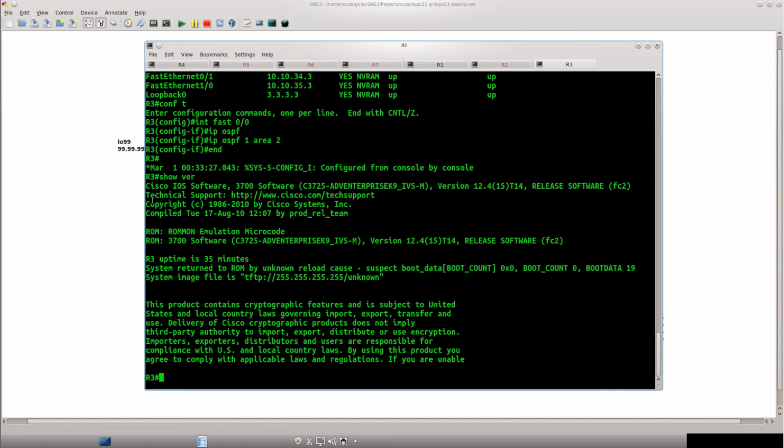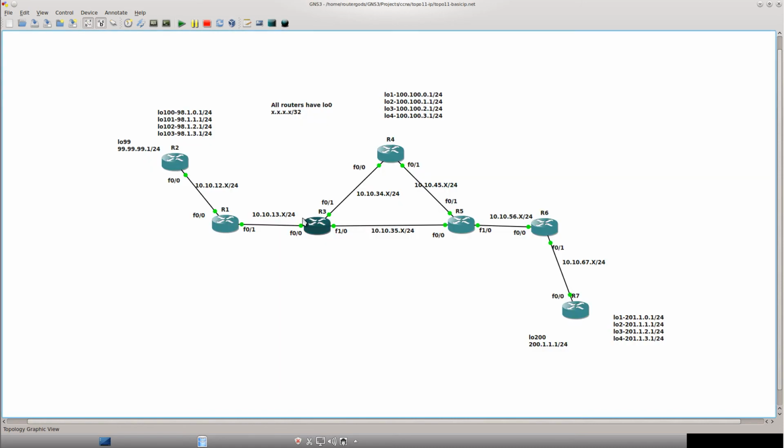All right, so on R3, we put this interface into area 2. And now it's going to be easy. On R1 and R2, just do the Hail Mary, throw everything into area 2.